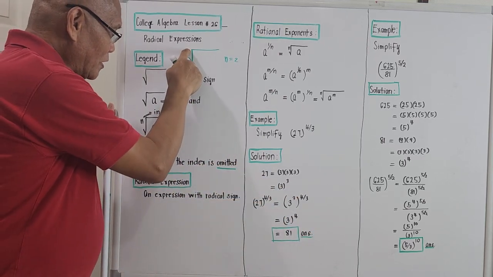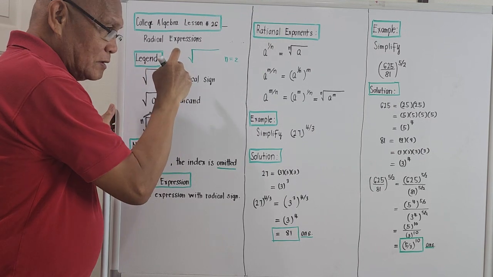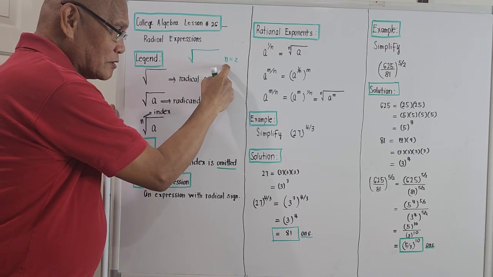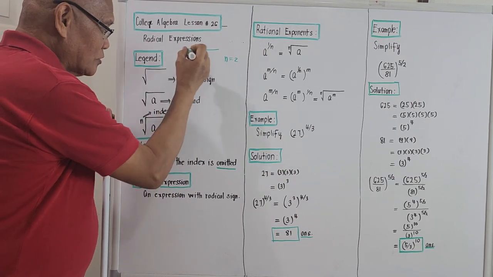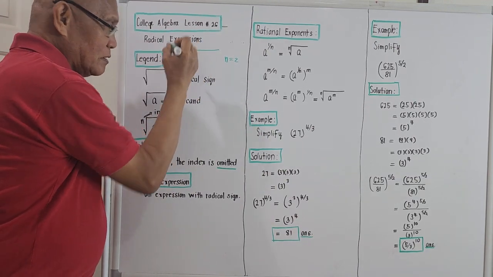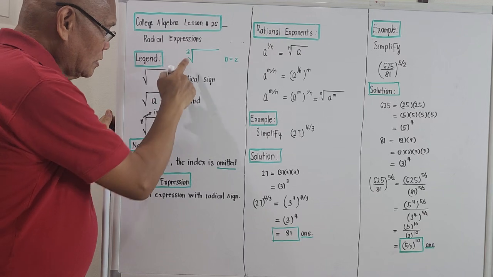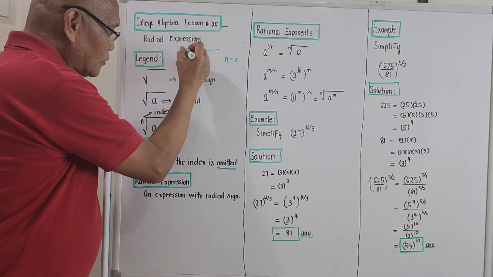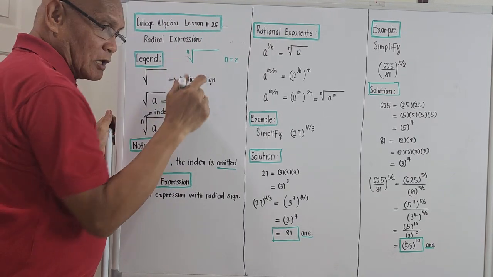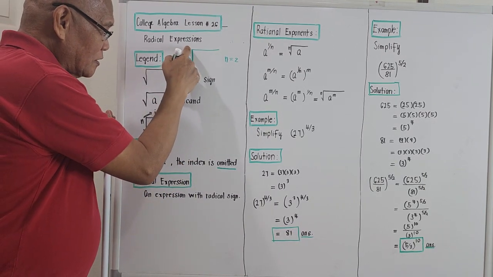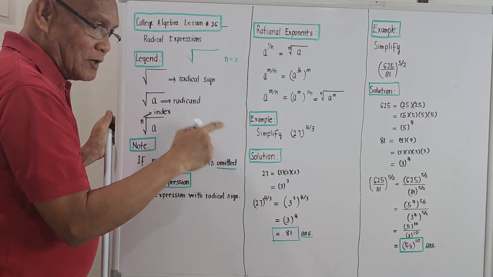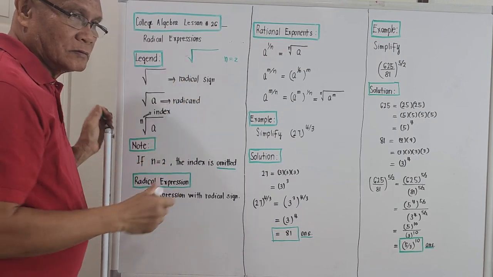If the number here is missing, it is considered that the index is equal to 2, meaning it is a square root. But if this is 3, that's a cube root. If this is 4, that will be a 4th root. But if there is nothing here, I will repeat it for the last time, it is a square root.